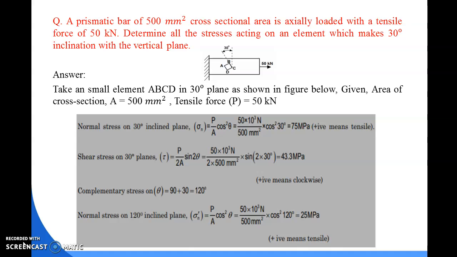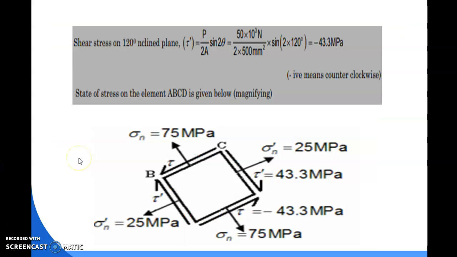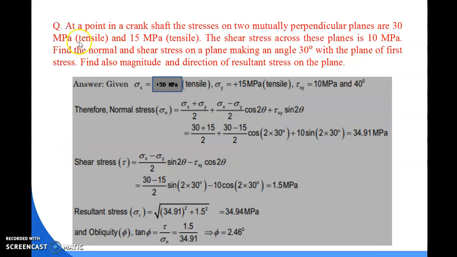Okay. So see, here is a problem: a point in a crank shaft. The stresses on the two mutually perpendicular planes are 30 MPa and 15 MPa. Here you can see that 30 and 15 are positive because they are tensile in nature. Then the shear stress across these planes is 10 MPa. That means here tau is given.